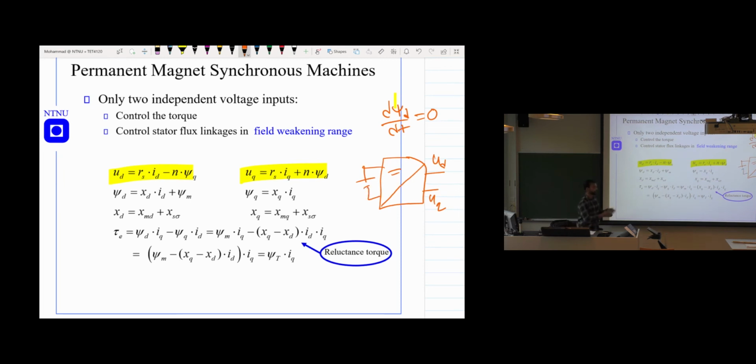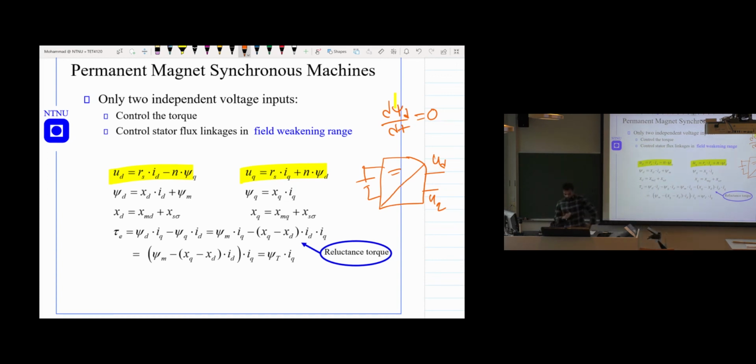When you convert ABC to DQ mathematically, the converter output is UD and UQ. So you have two inputs, and these two inputs we can use to control two variables.